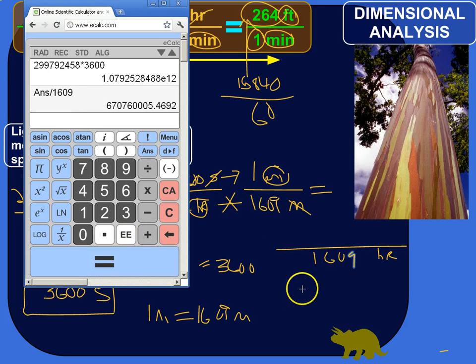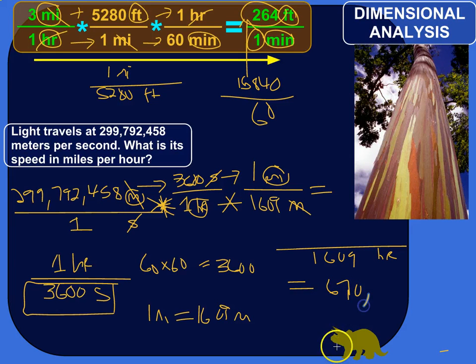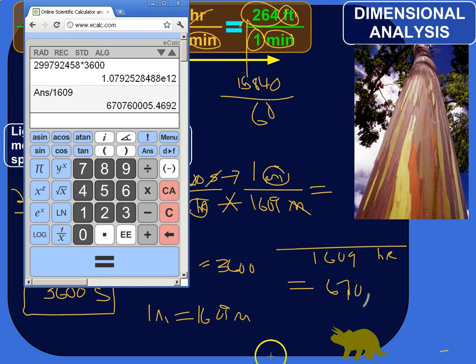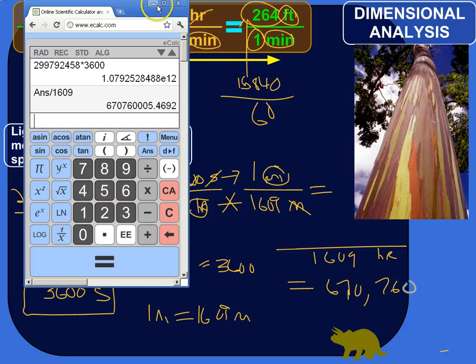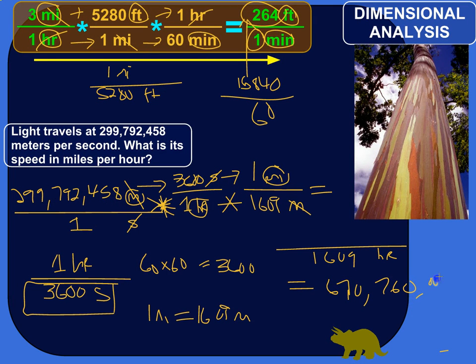So what do we have here? That is equal to 670 million 760,000 and 5 miles per 1 hour.